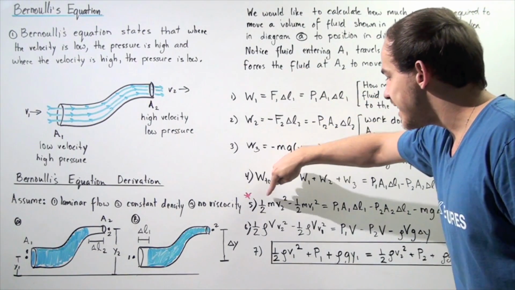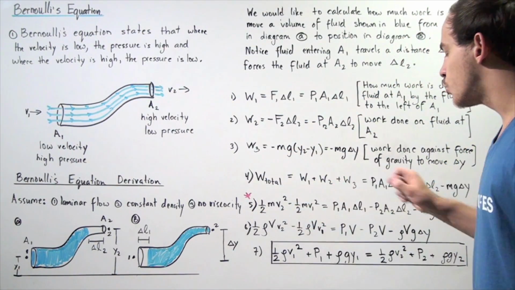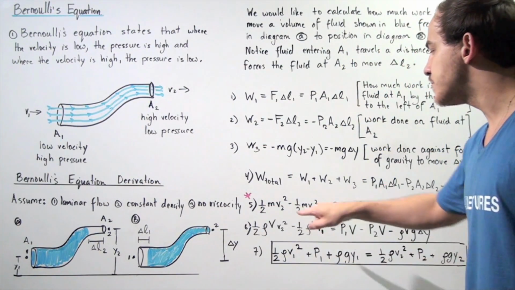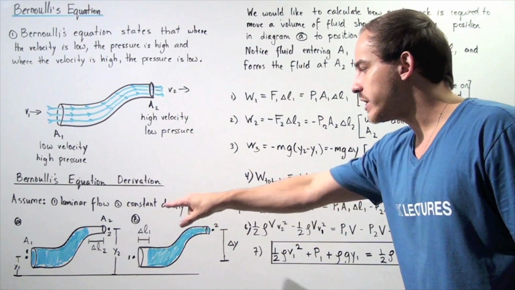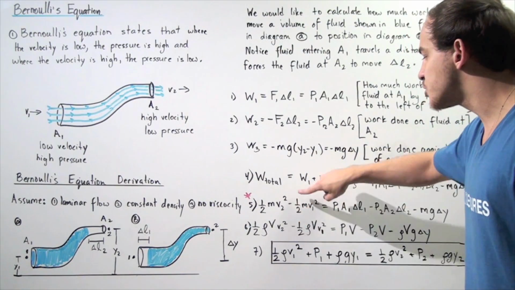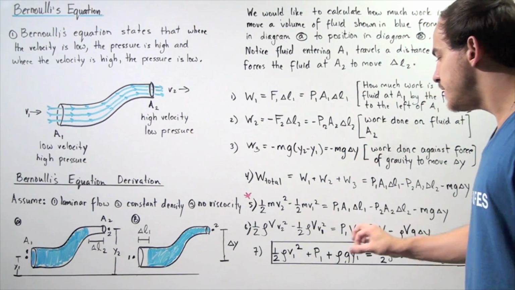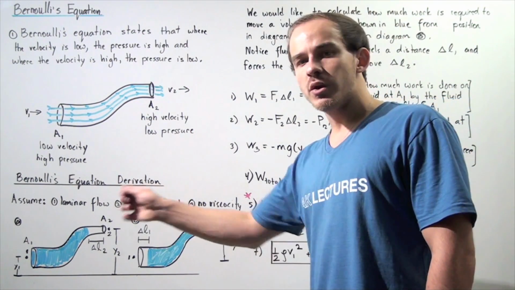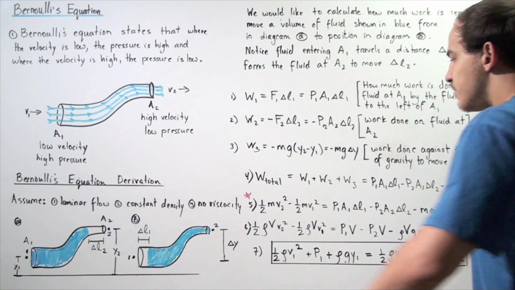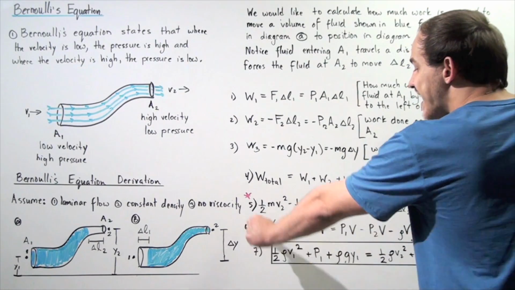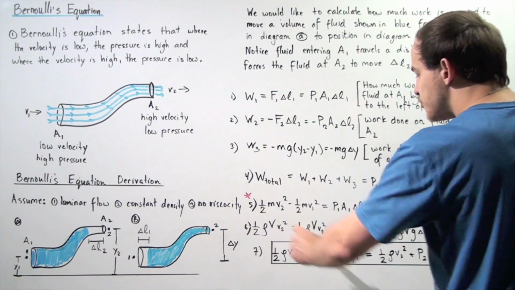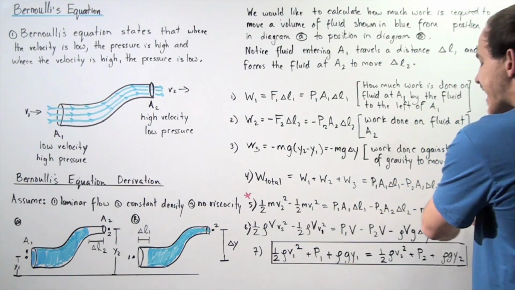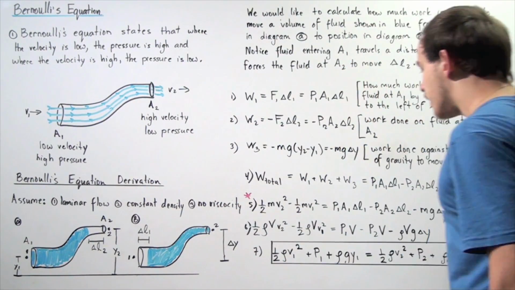And the change in kinetic energy is given by this equation: 1/2 m, the mass of the volume, times the velocity of the fluid at point 2 squared, minus 1/2 m times V1 squared, where V1 is simply the velocity of the fluid at point 1. And this change in kinetic energy is equal to the total work done. This is known as the work-energy principle.